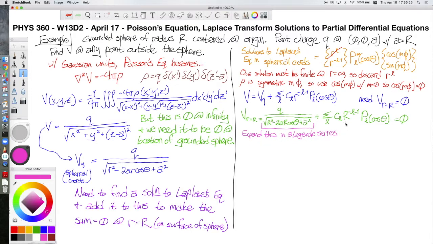It turns out that this process is fairly straightforward because our V sub q is very similar to the generating function for Legendre polynomials. If you want more details here, you can see equations 5.12 and 5.17 from chapter 12.